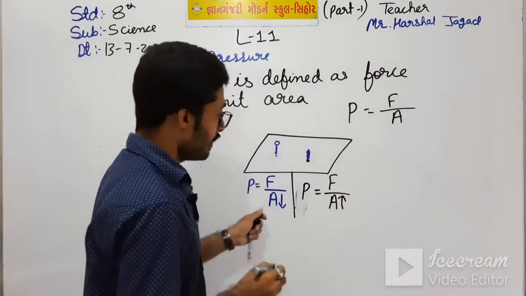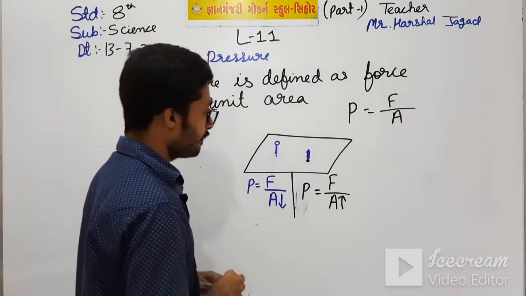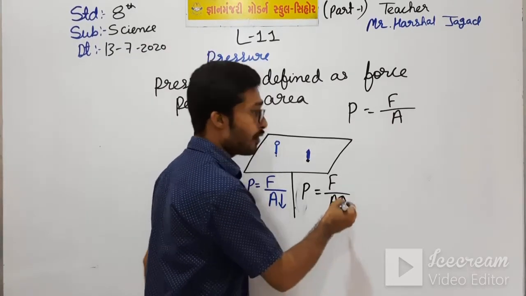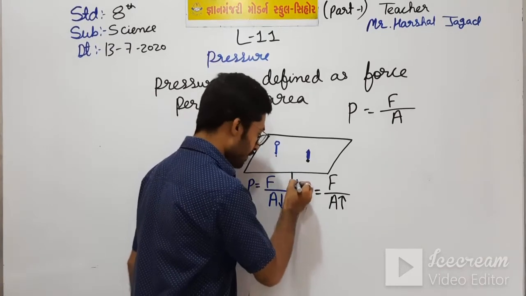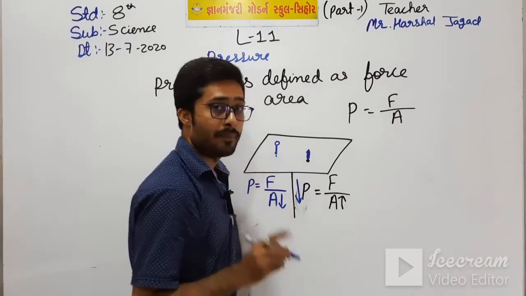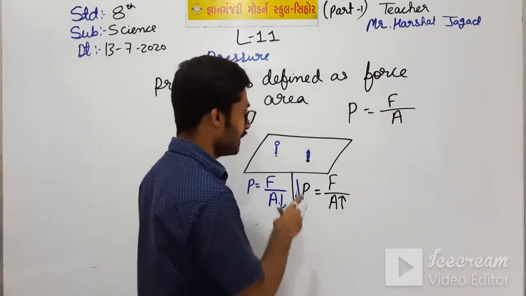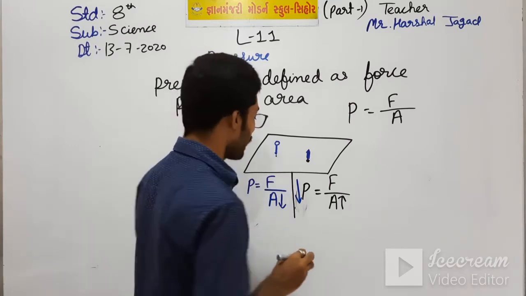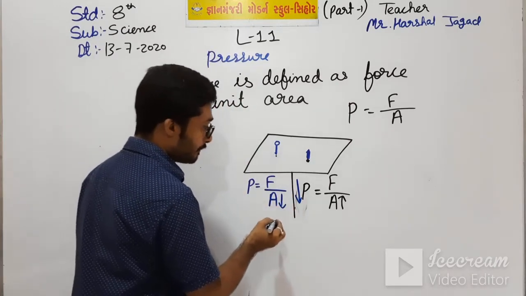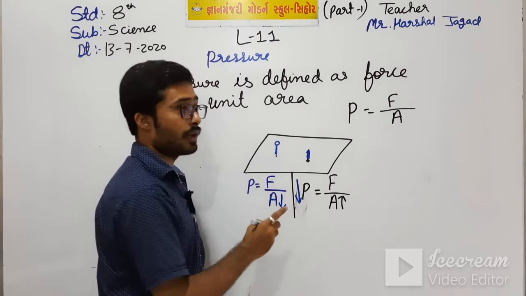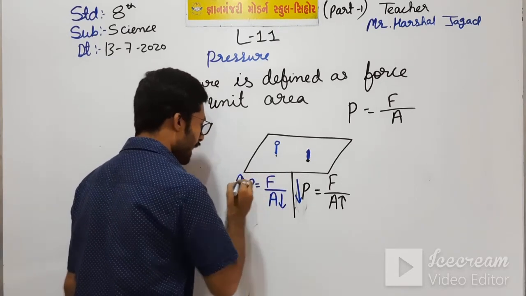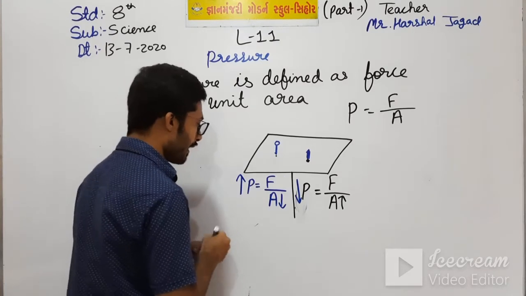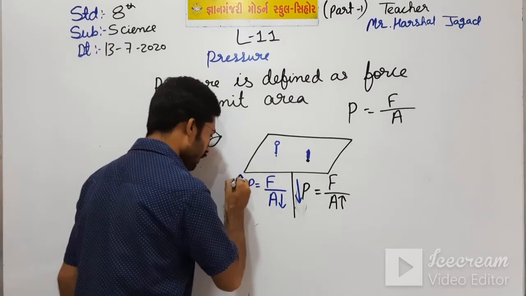So what will happen if the area is big? The denominator is more, so the value gets small, which means the pressure will be low. But if the area is small, the denominator is small, and we get high pressure.